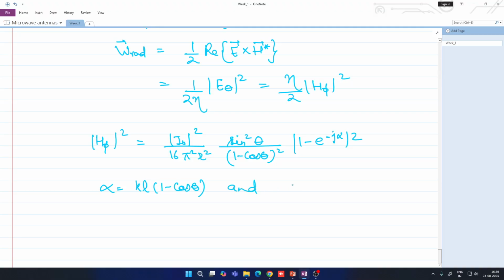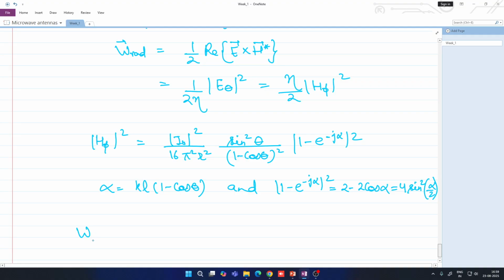And I can write mod (1 minus e to the power minus j alpha) square as 2 minus 2 cos alpha, which, using trigonometric identities, I can also write as 4 sin square alpha by 2.